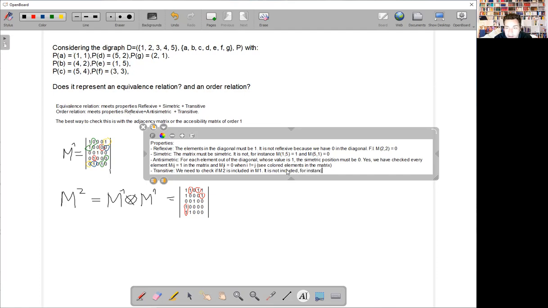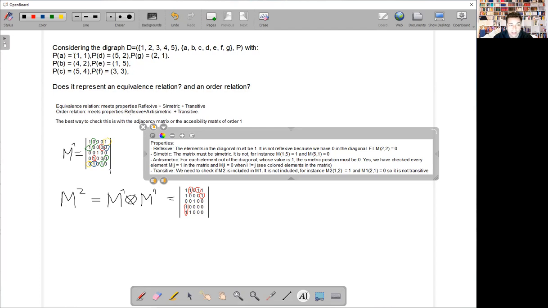For instance, the element in the position 1, 2 is 1 in M2, and the element in the position 2, 1 is 0 in M1, right? So it is not transitive.